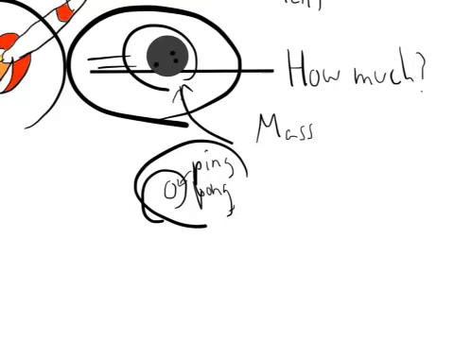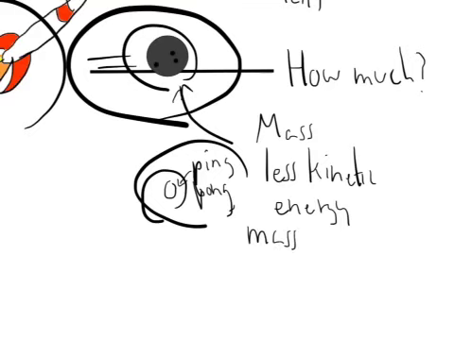Now, that's you intuitively knowing that a ping pong ball has less kinetic energy because it has less mass. Right, so if the mass is large, kinetic energy is large too.